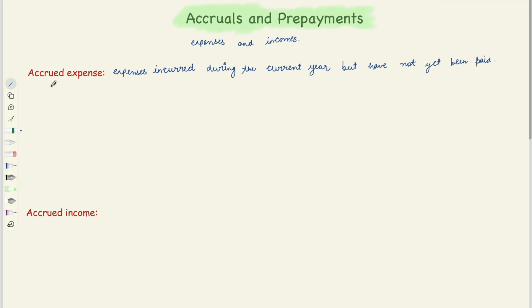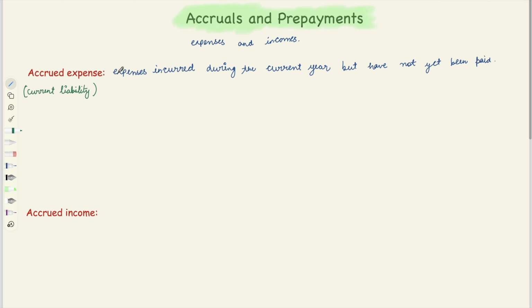This is going to be my current liability. Accrued expenses are going to be my current liability. Usually it is shown as the balance which is accrued or balance which is owed. Owed means that we have to pay, a liability. So any accrued expense is going to be a part of your current liability. Why? Because it is going to be paid within the next 12 months.